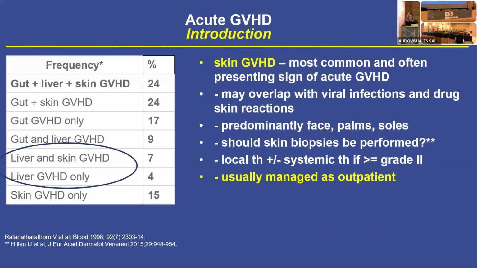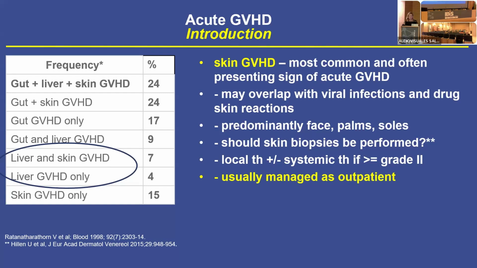I start with some general things that you all know, but I always find it useful to remember the typical frequencies of presentations of GvHD, because I'm not going to focus on skin.